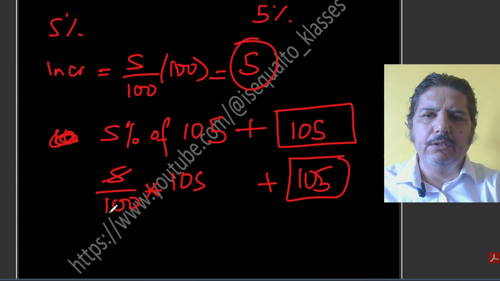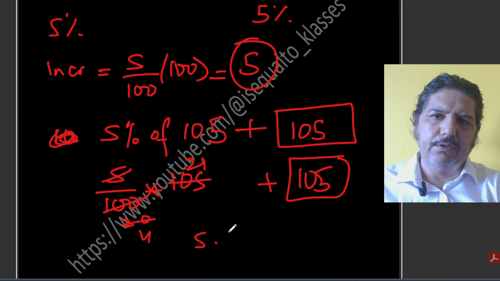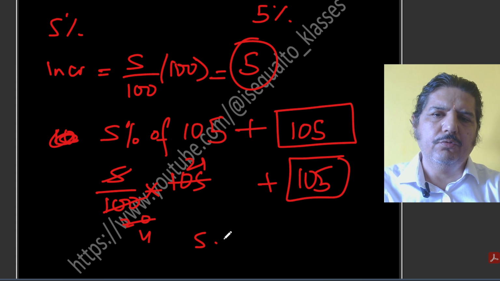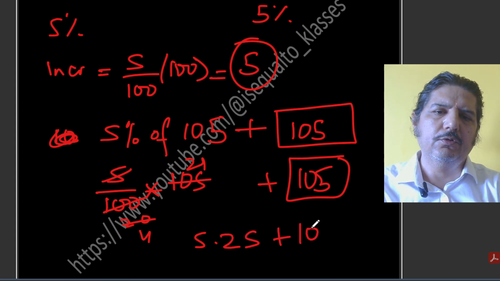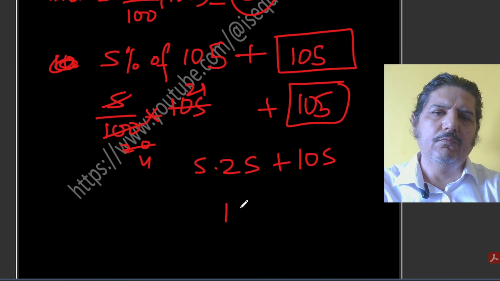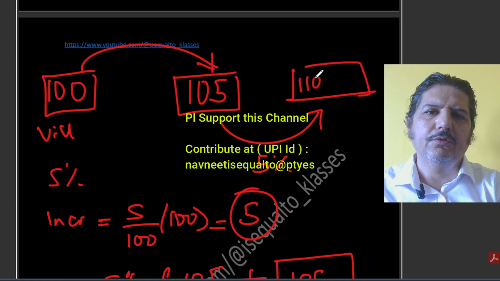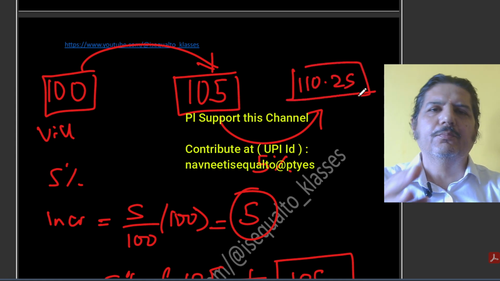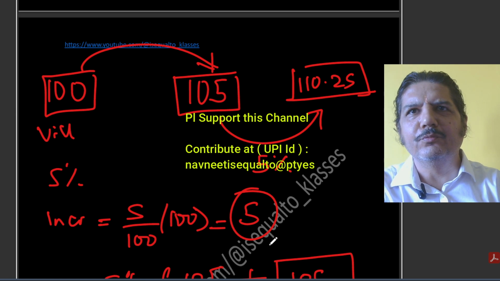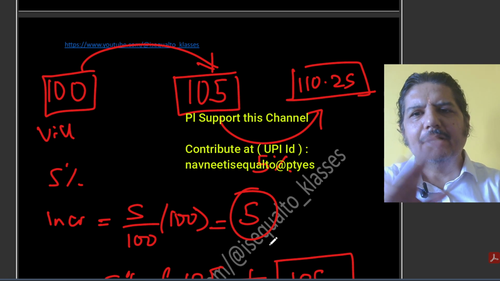So this will be 5 2 the 10, 5 4 the 20, 4 2 the 8 plus 105. So 110.25. Yeah, 110.25. So the population will be 110.25. So the answer is a bit absurd because you can't have 0.25 of a person.